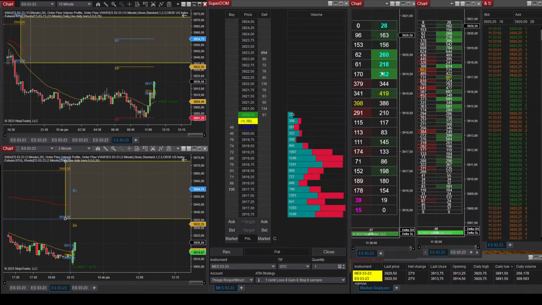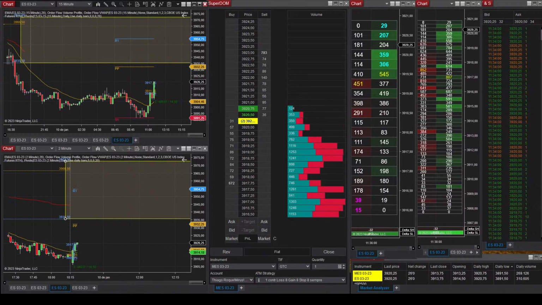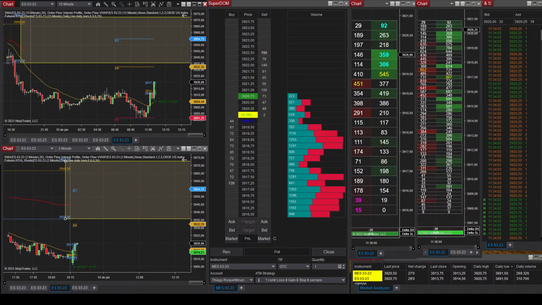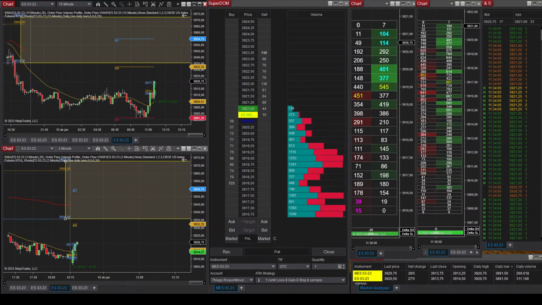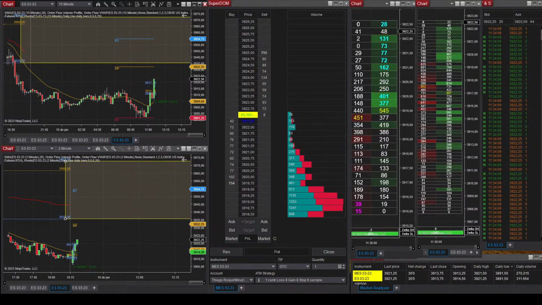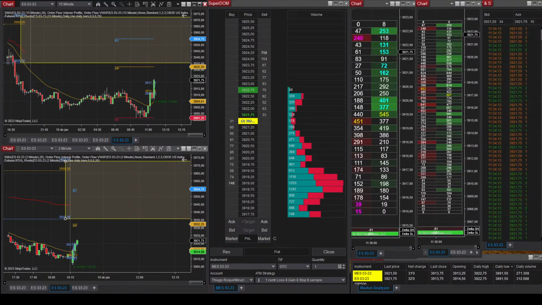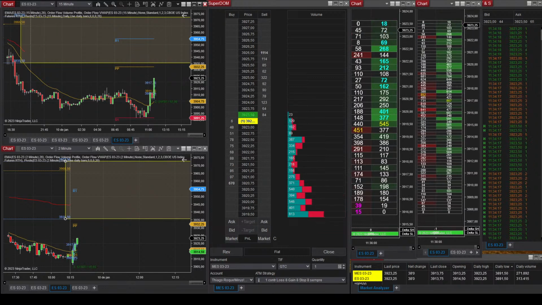Let's see if we have an exhaustion here or if it's going to break the 20. As I said before, this 3920 was the first important region. Let's see whether it's going to be able to overcome it.